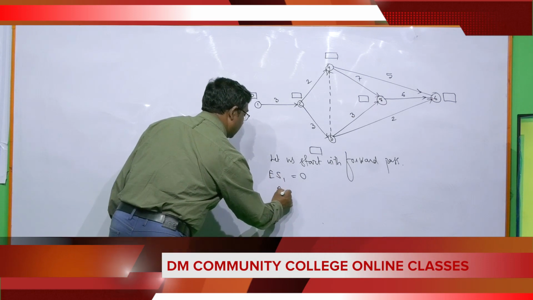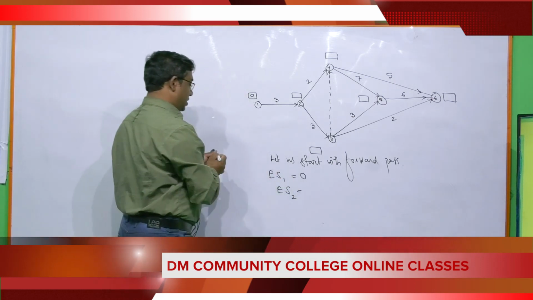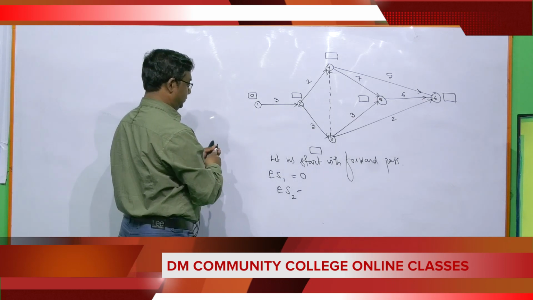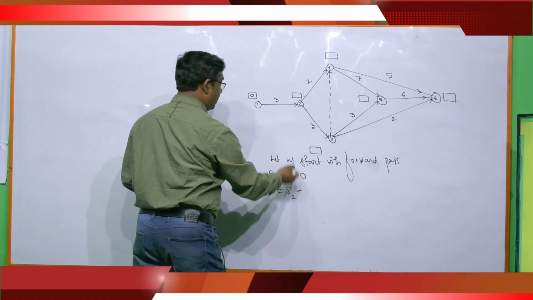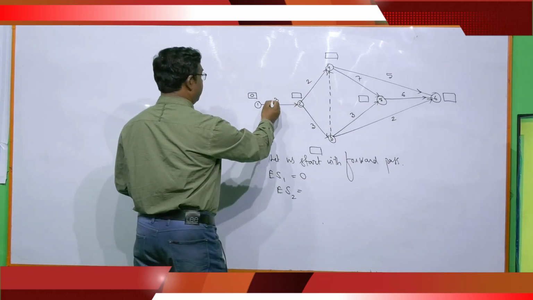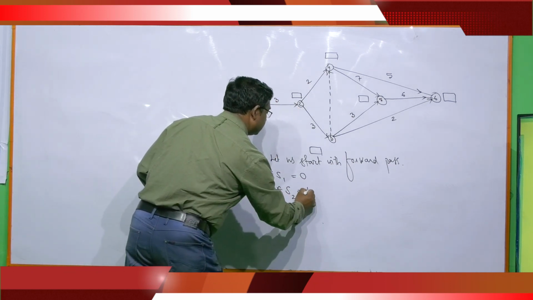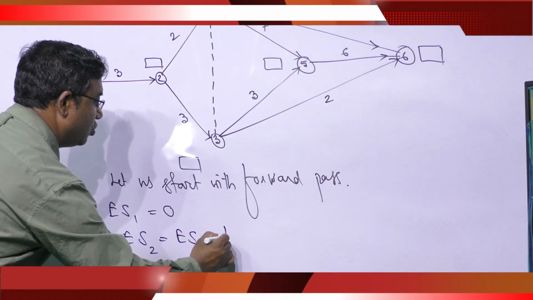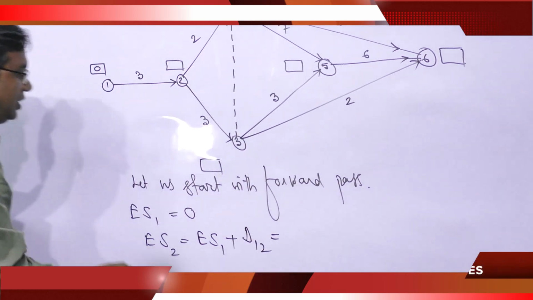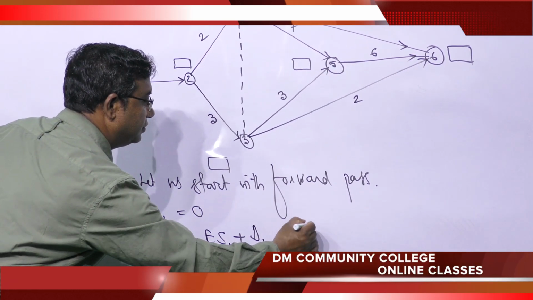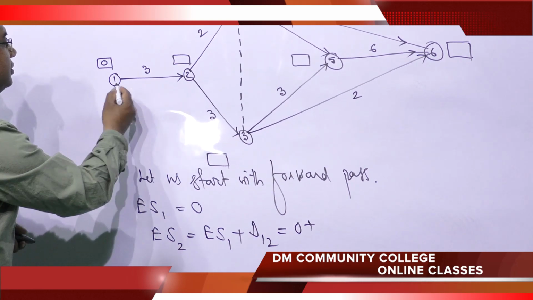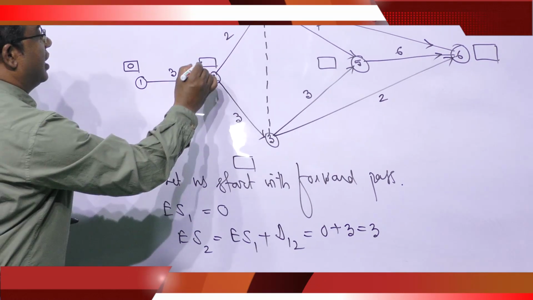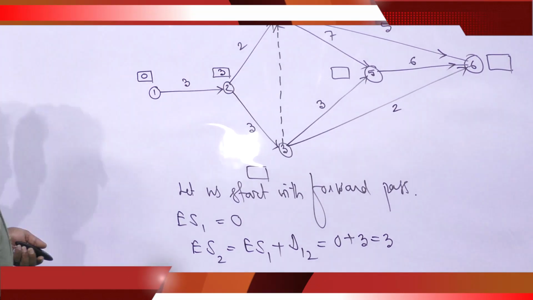Next, ES2, the earliest start at event 2. So the time is ES1 plus D12. ES1 means 0, D12 duration is 3. So it becomes 3. You write 3 here.